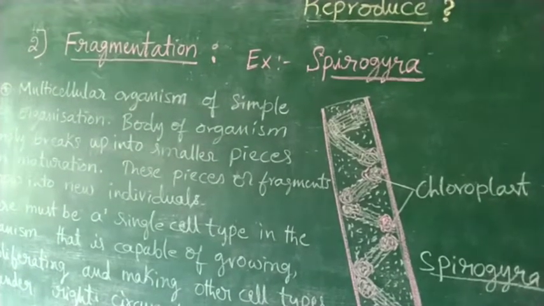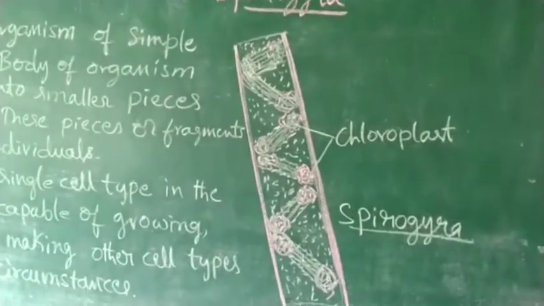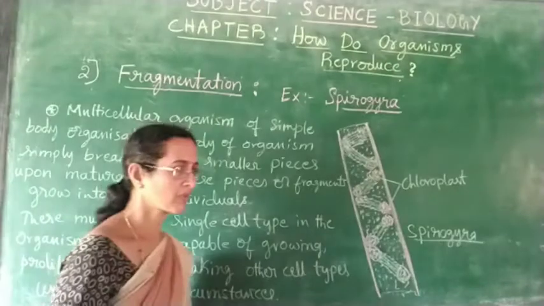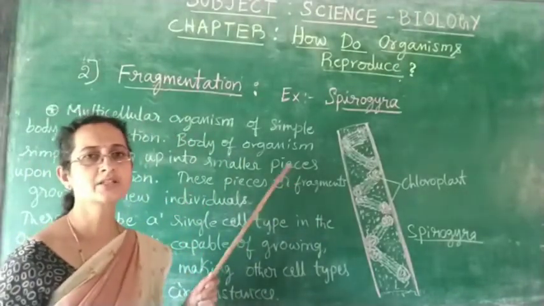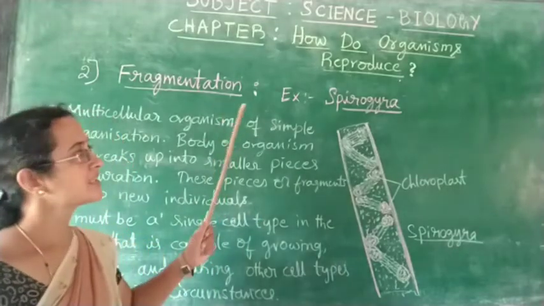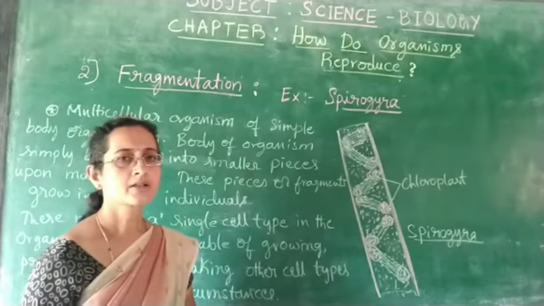The second type of asexual reproduction is called fragmentation, which is seen in organisms like Spirogyra, which is an alga.